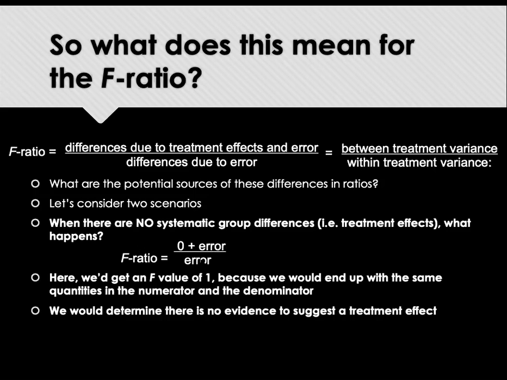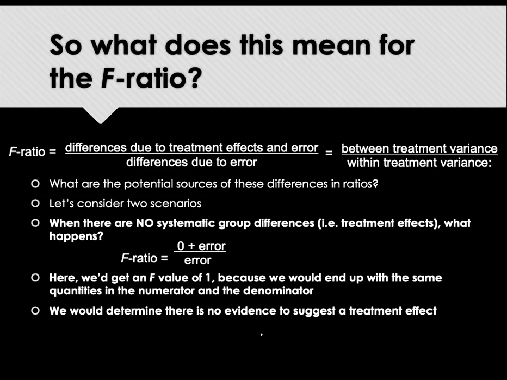Because error divided by error, right? Something divided by itself equals 1. And we would determine that there is no evidence to suggest a treatment effect. In other words, we would fail to reject the null hypothesis if that were true.